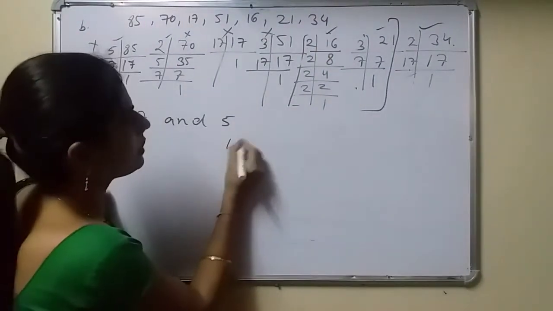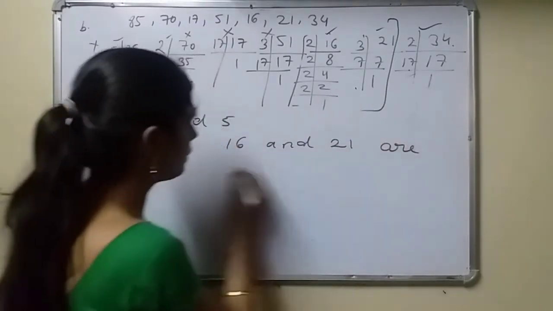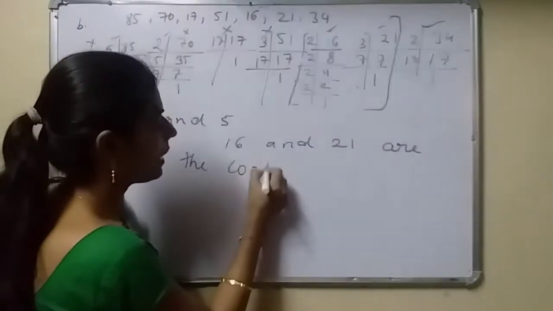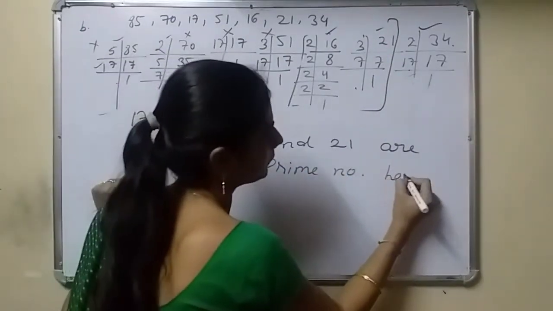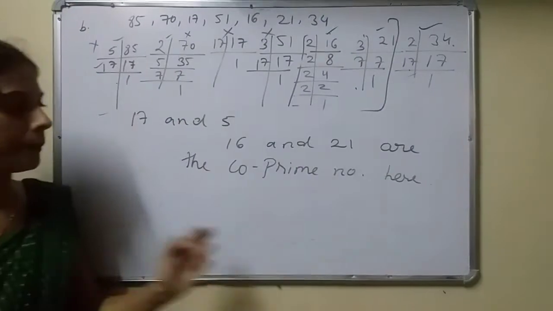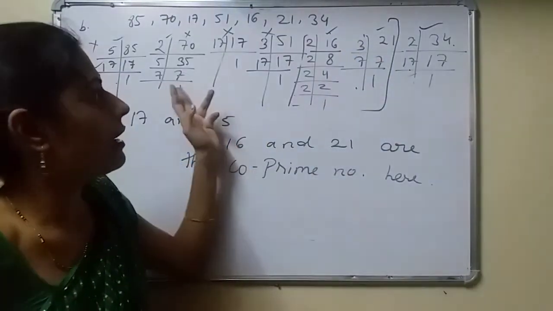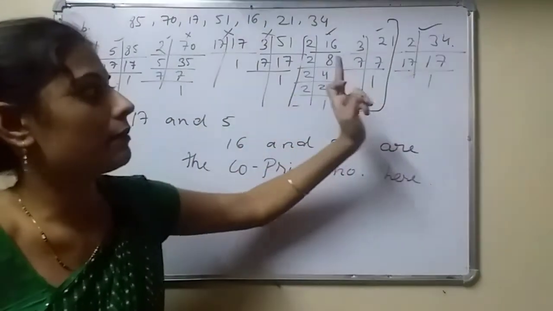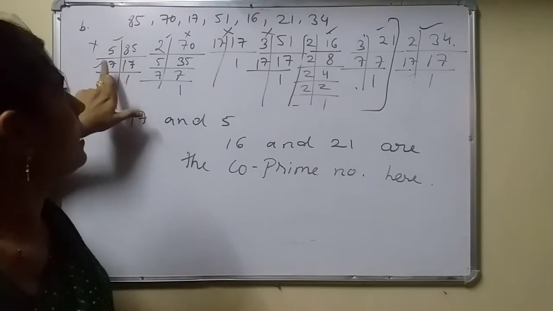These two numbers, 16 and 21, are the co-prime numbers here, because here you cannot find any common number matched between these numbers. Here 17, here 17, here 5 is common, here 17 is common.